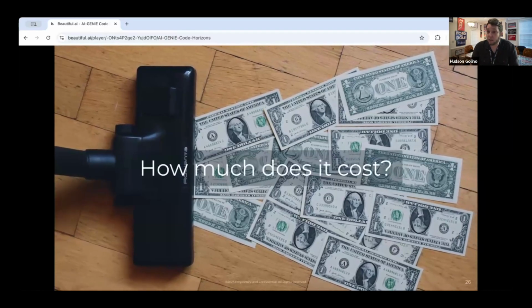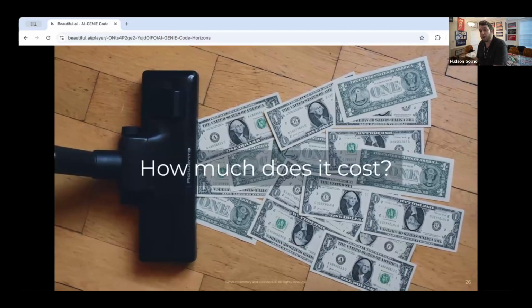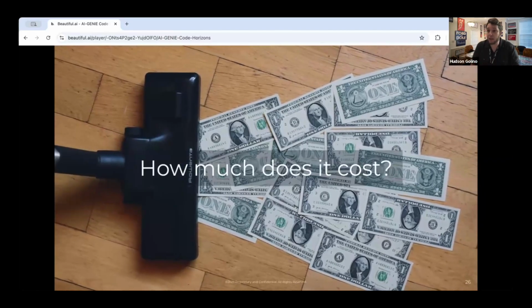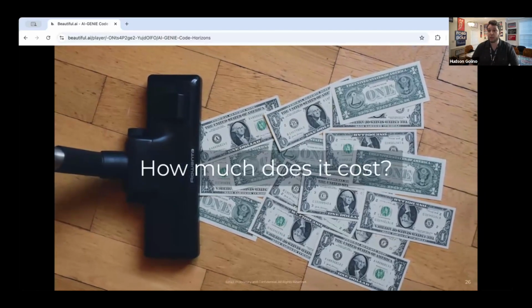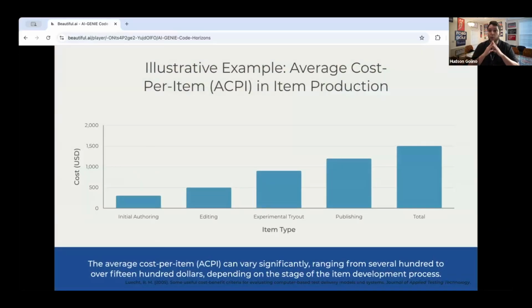Nothing is for free. Either it will cost the money of the experts developing or writing the items or reviewing the items, or it will cost money collecting data. So let's revise a little bit the monetary costs of scale development and item development. There are different types of expenses that are incurred depending on the phase in which we are in the item development or scale development process.